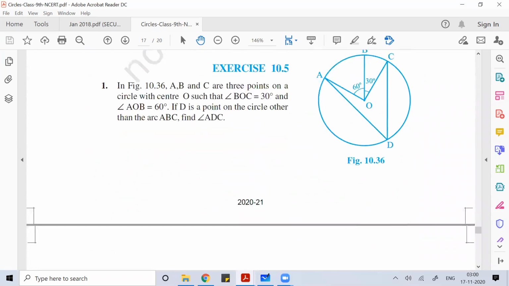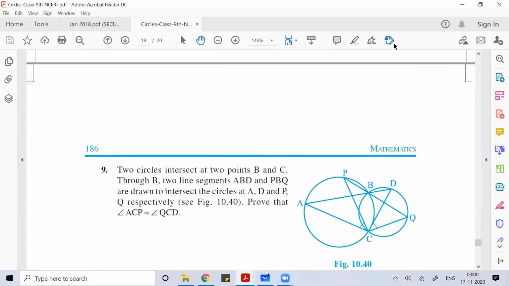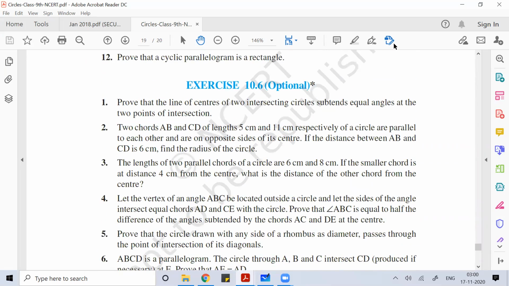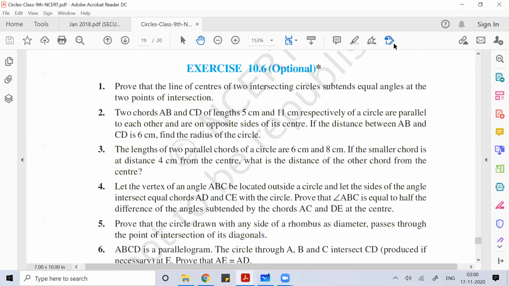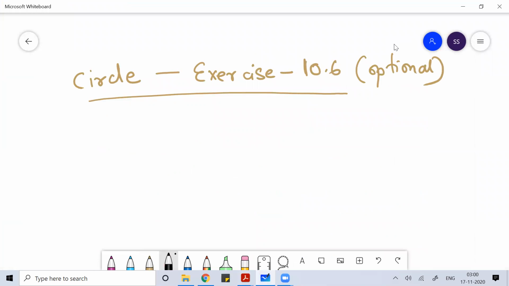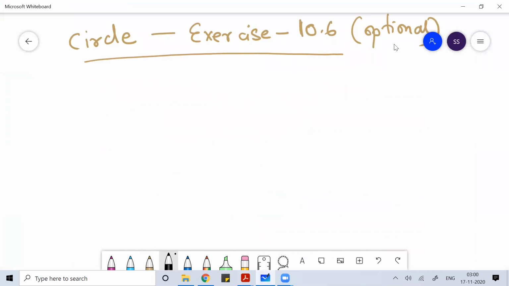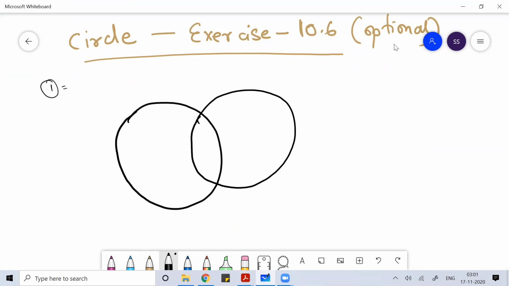In this session, I'm going to discuss the questions given in exercise 10.6, which are optional. You can see question number one: prove that the line of centers of two intersecting circles subtends equal angle at the two points of intersection. That I need to prove. So here in this question, two circles are there.